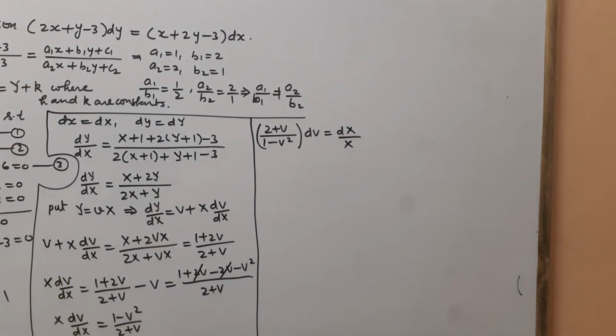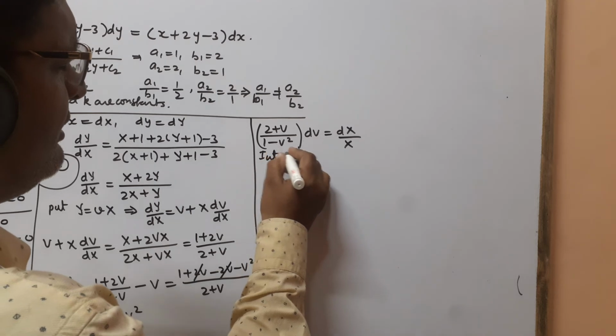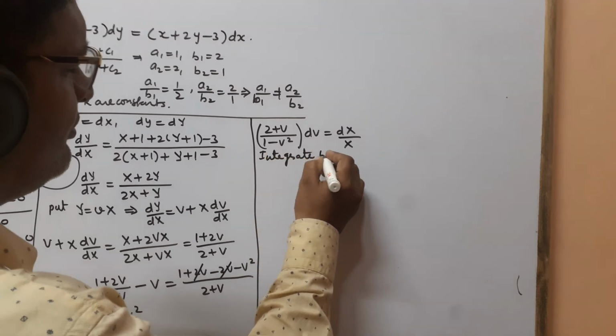Now we can see all the terms of v are with dv on one side, and dx with all the terms of x on the other side. So this is variable separable. Now we integrate both sides.